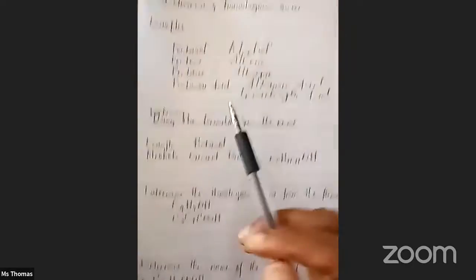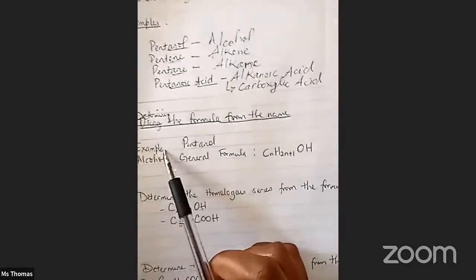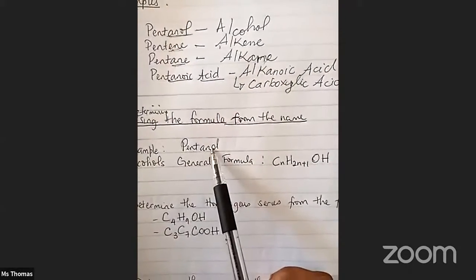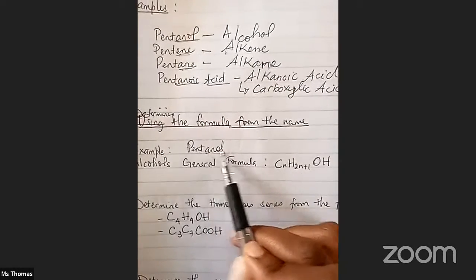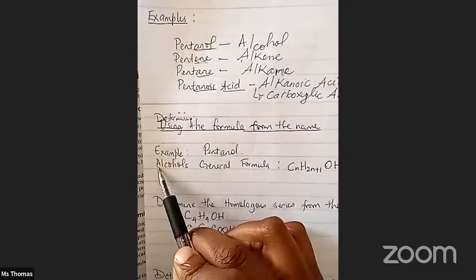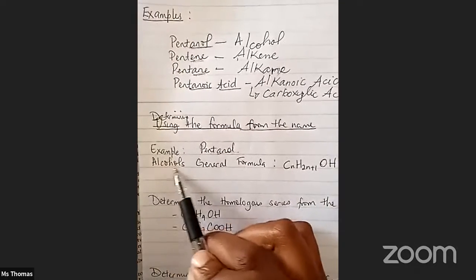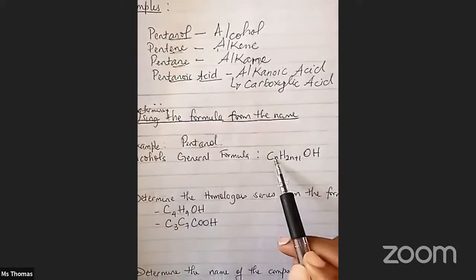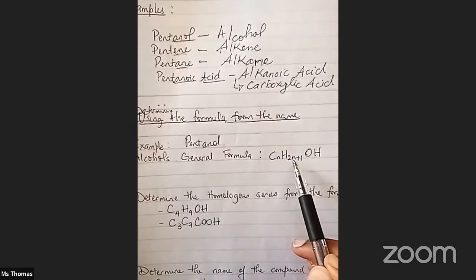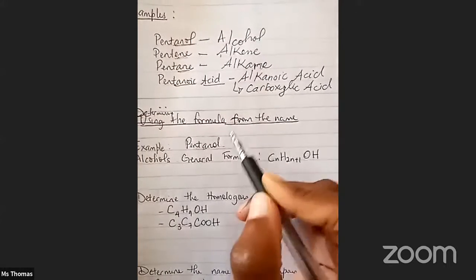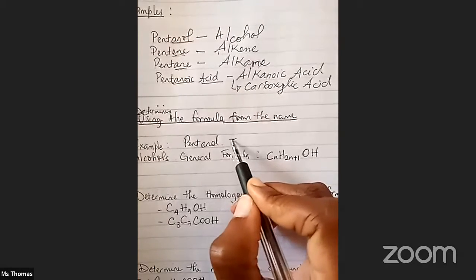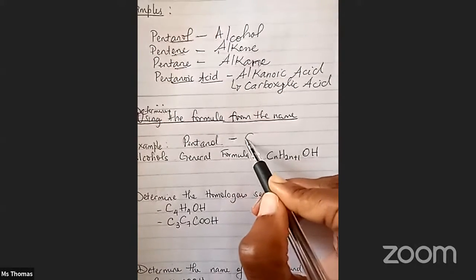Take a look at this example: pentanol. Pentanol ends in -anol. That means it belongs to the homologous series of alcohols, and the general formula is CnH2n+1OH. So who can tell me what is the formula for pentanol?